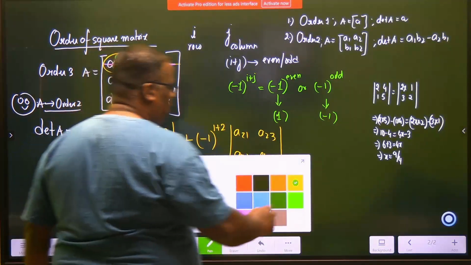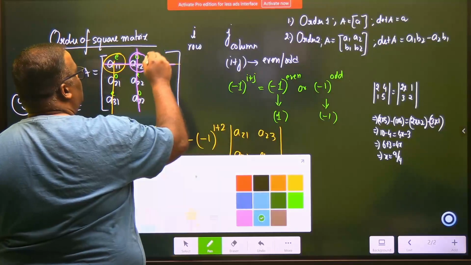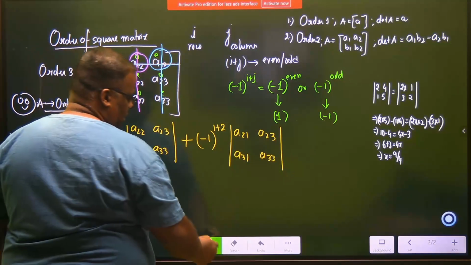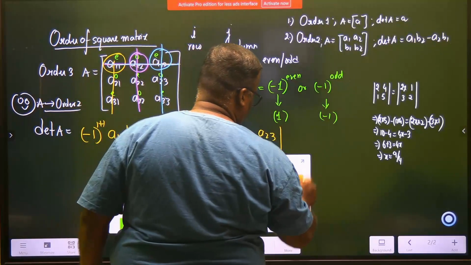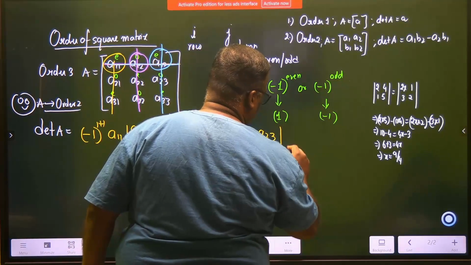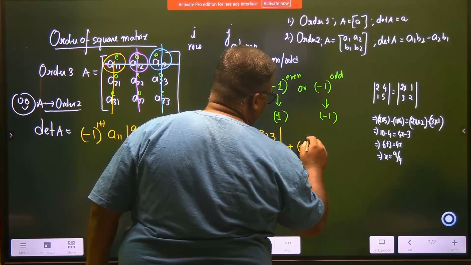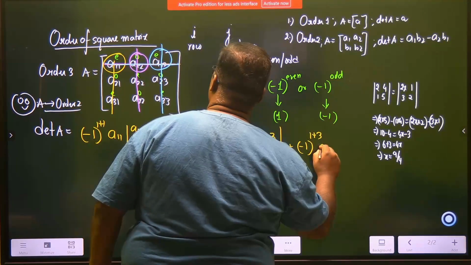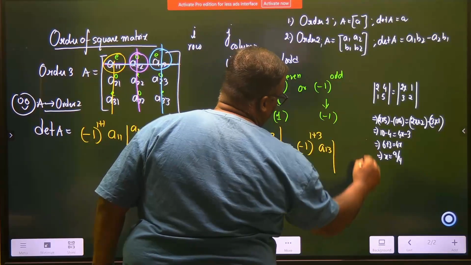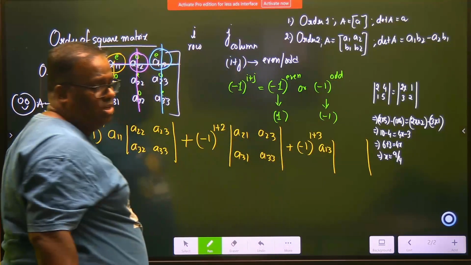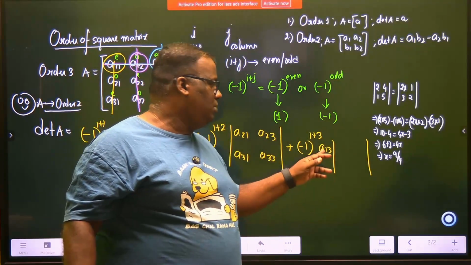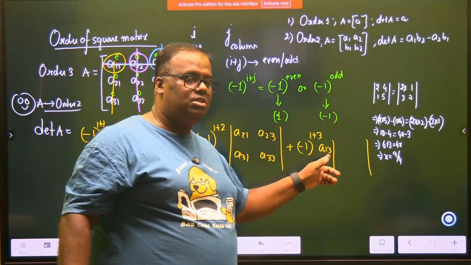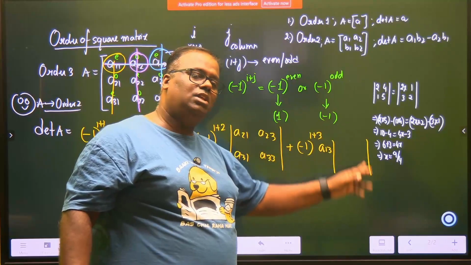Now I should go to my third element because I'm expanding it by row. So I go to my third element, which is A13. Now this is ruled out, this is ruled out. Once again, I put my addition sign, -1 to the power first row, third column, and it is A13. Now see, you can do it from here: 1 means first row ruled out, 3 means third column ruled out.